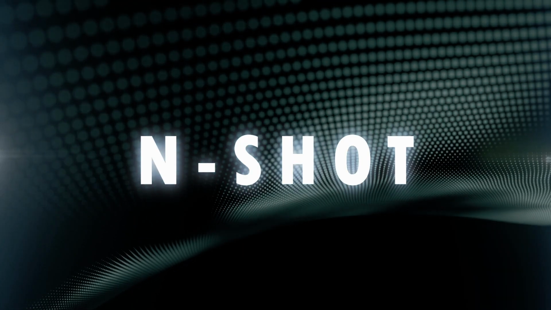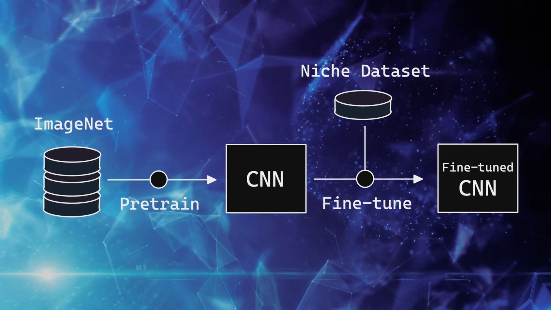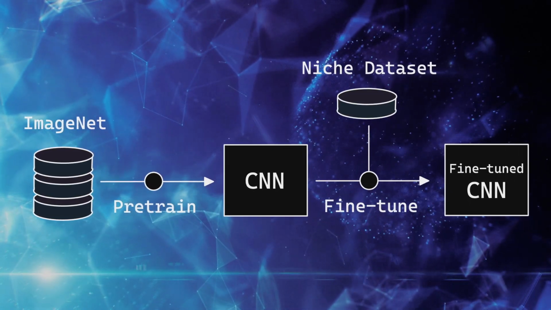So zero-shot comes from something called n-shot learning. N-shot, you may have guessed, is basically the number of training examples that you need for your model to perform on a particular new domain or new dataset. Many state-of-the-art image classification models tend to be pre-trained on something like ImageNet, and then they're fine-tuned for a specific task. The pre-training basically sets up the internal model weights of that model to understand the visual world, at least within the scope of the ImageNet classification set, which is fairly big, but it's obviously not as big as the actual world.